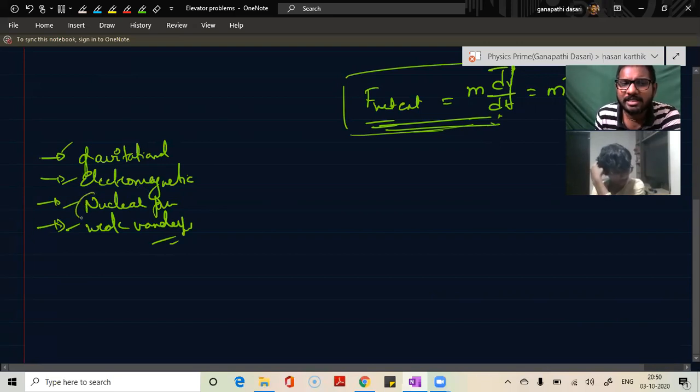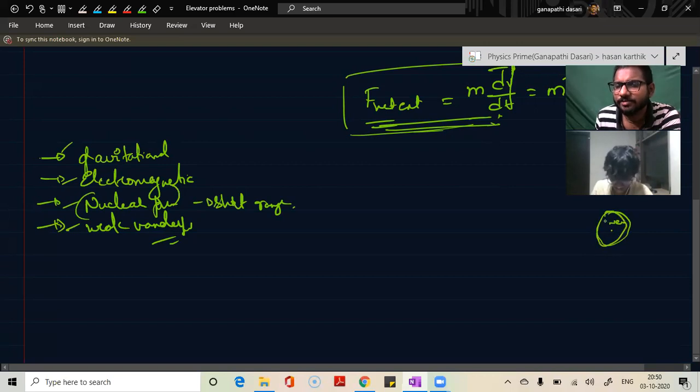These nuclear forces are very short range and highly powerful, with a high magnitude. Short range, why? These are the forces that bind neutrons and protons together in the nucleus, because the radius of the nucleus is very small. You might have studied in chemistry, isn't it?